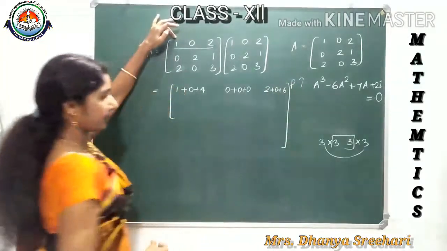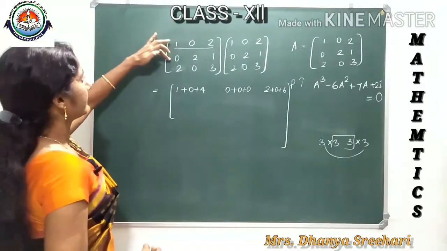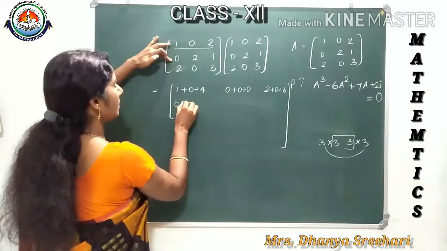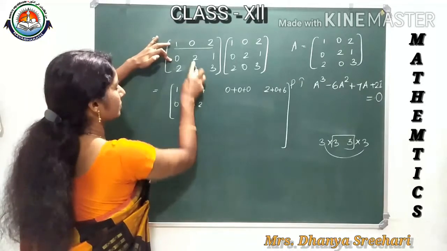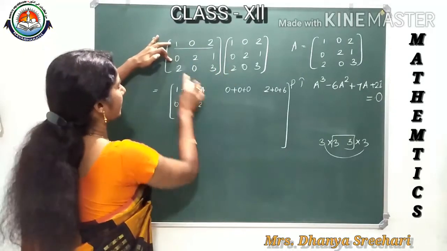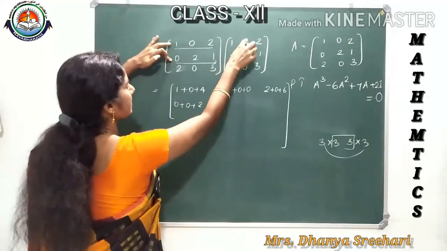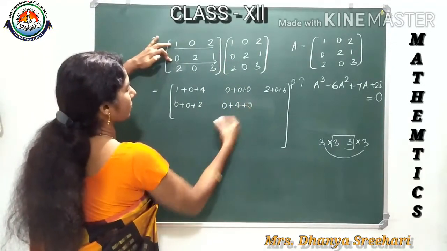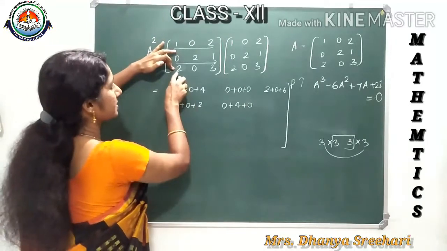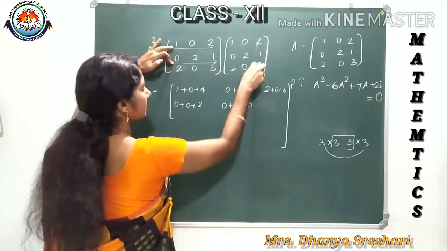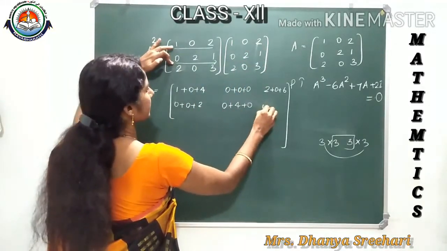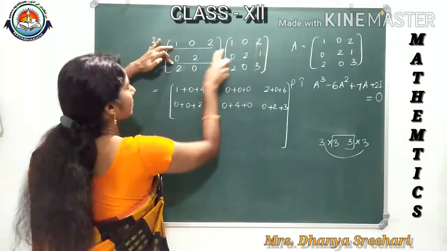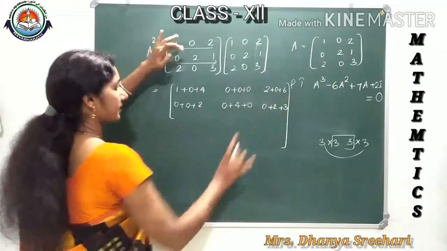Then second row with the first column, 0 into 1, 0 plus 0 plus 2. Second row with the second column, 0 plus 4 plus 0. And second row with the third column, 0 plus 2 plus 3.